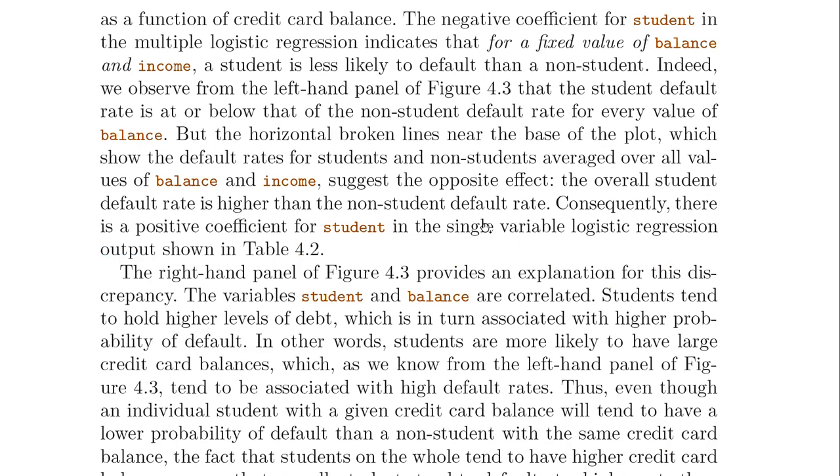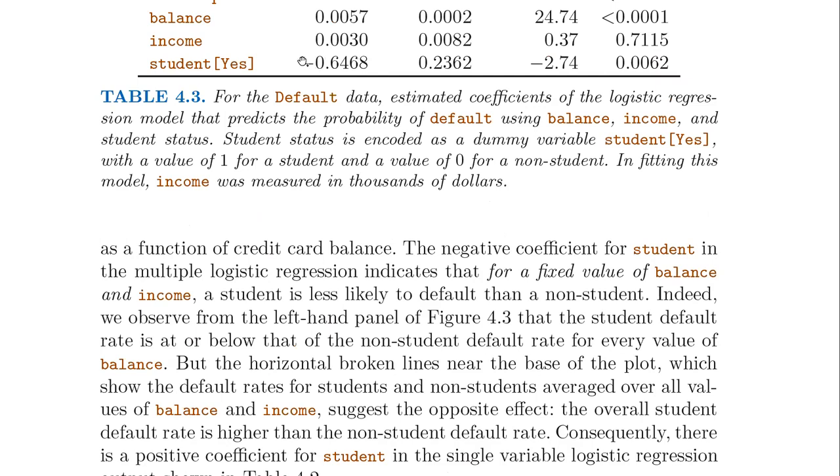The negative coefficient for student in the multiple logistic regression indicates that for a fixed value of balance and income, you kind of think of it like partial derivatives, where you're keeping all variables fixed with the exception of one of them.